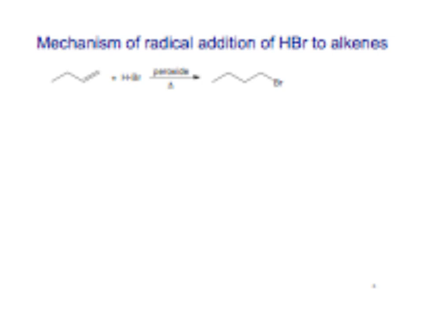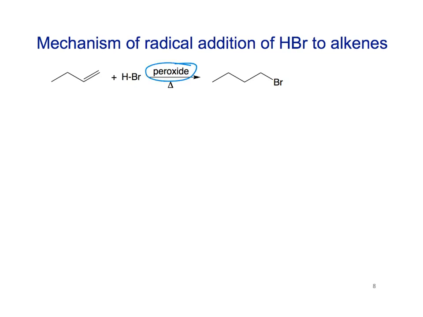Okay, so what do you think we're adding the peroxide for? What's it going to do? It's going to be the radical initiator. So we always start out again with our initiation. In this case, if we take a peroxide and we heat that up, the oxygen-oxygen bond is pretty unstable.